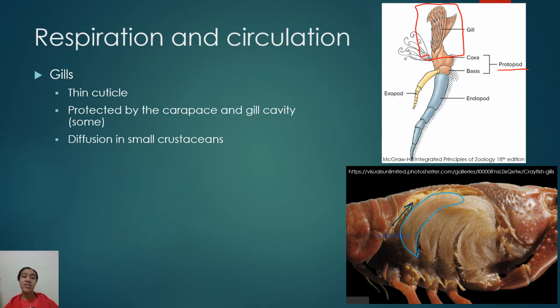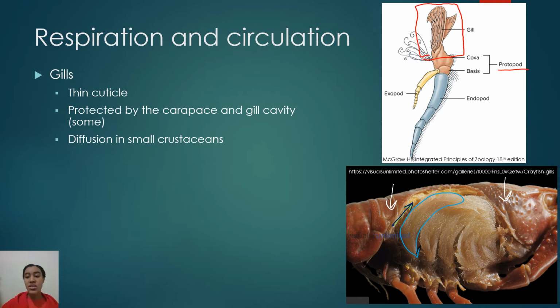And the gill cavity is often covered by the carapace. So you can't really see the carapace here because they've cut it back and removed it so that you can see the gills. But the carapace is back here and here, right? So it will cover that whole area on both sides to cover the gill cavities.